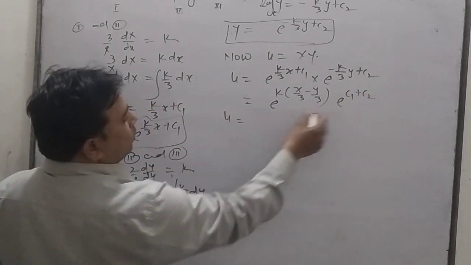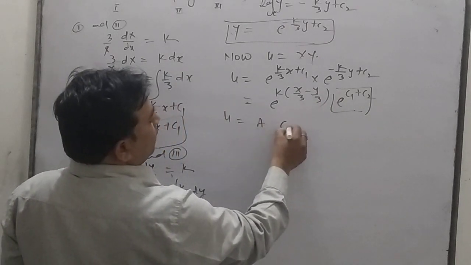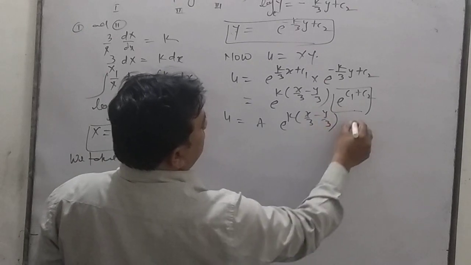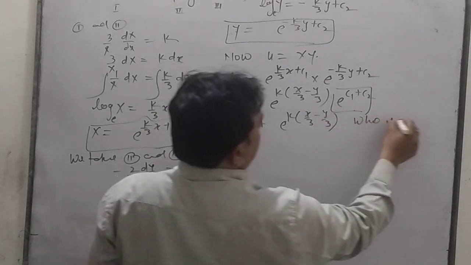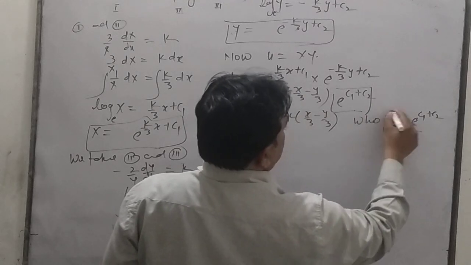Then u equal to, now take the new constant term in place of this, a e to the power k x upon 3 minus y upon 3, where a equal to e to the power c1 plus c2.